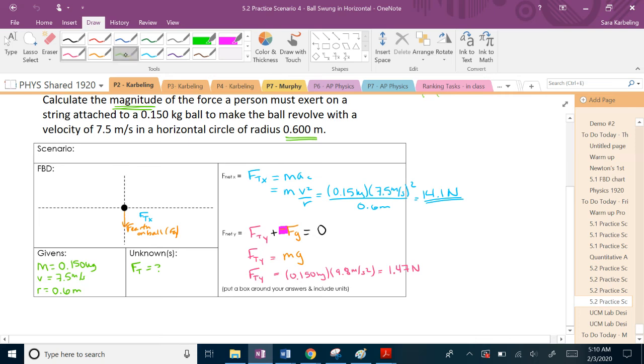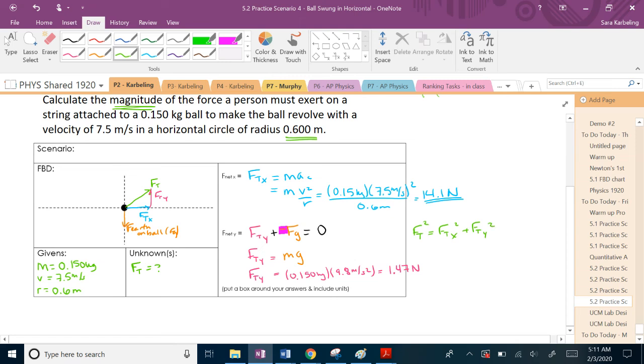So now, in order to find this tension force that's pulling up at an angle like this, well, it's just the hypotenuse of our right triangle. So here's Ftx, and here is Fty, okay? And so then we can just go ahead and find the hypotenuse using Pythagorean theorem, right? So Ft squared is equal to Ftx squared plus Fty squared, right?